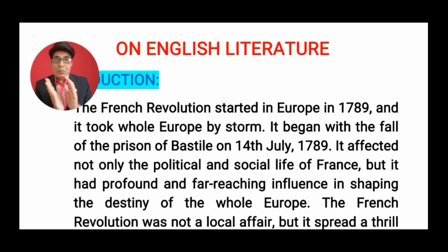What happened towards the end of the 18th century? Remember this date, 14th July 1789. The French Revolution began in France, and as a result the prison of Bastille was brought down by some of the revolutionaries, and this movement spread very fast across all countries in Europe.